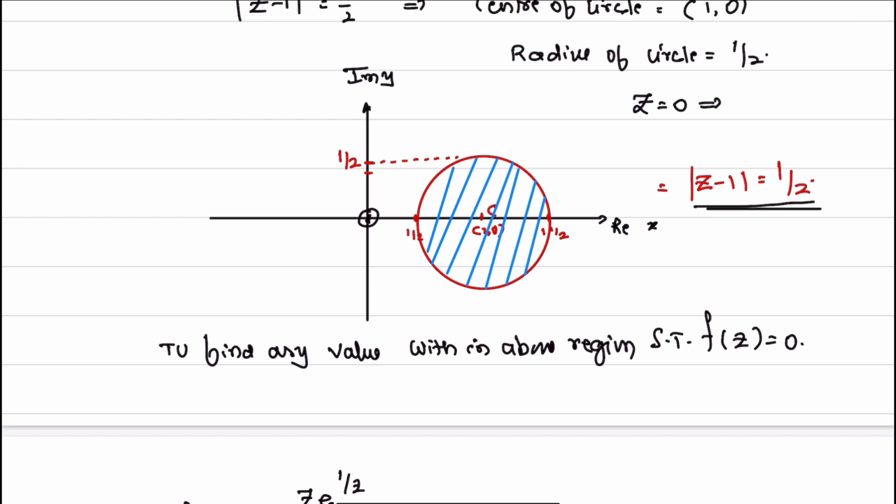When Z is equal to minus 1, it is outside the circle.